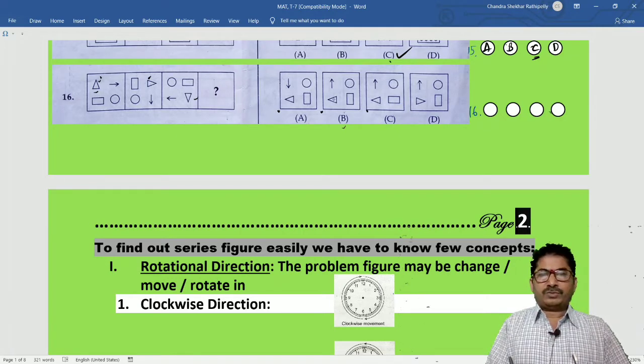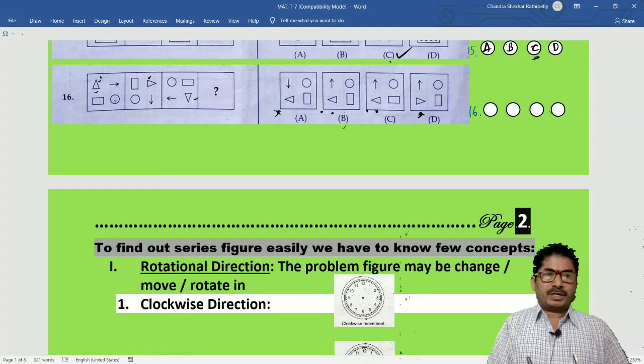So in which figure? These two figures have arrow marks like that. So these two are in competition. This is not the correct option. First we only eliminated this D option.